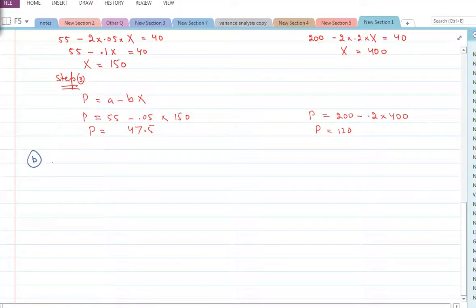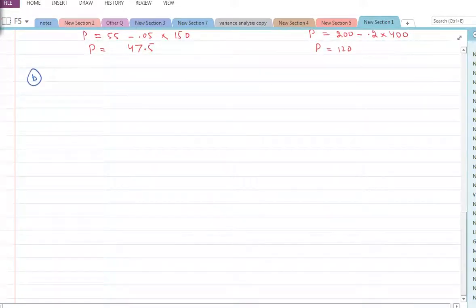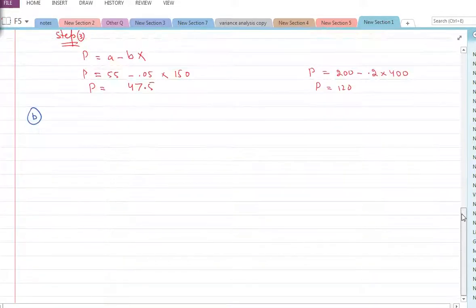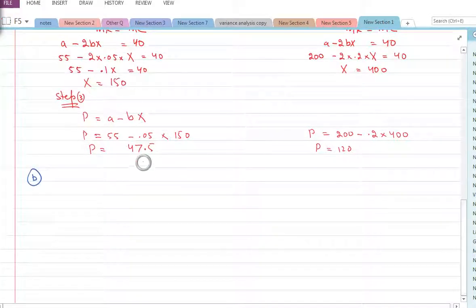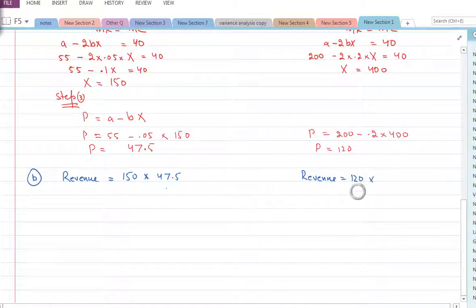So part B, let me do it in blue this time. So the price and the revenue is quite straightforward. You see, we have the quantity and the price, we have the quantity and the price, right? So in market 1, revenue will be 150 multiplied by 47.5. And in the second market, it's 120 multiplied by 400.